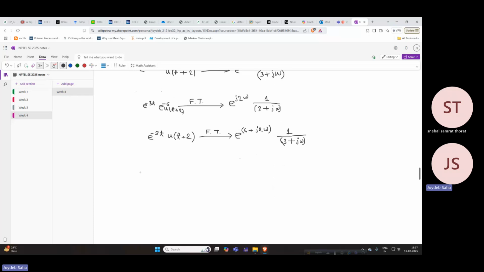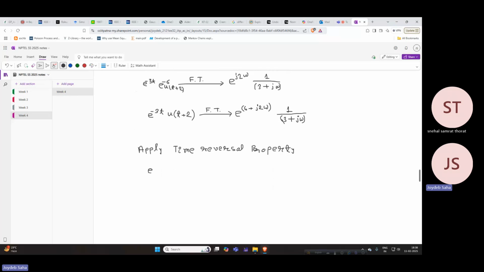Now apply the time reversal property. So we will get minus t plus 2.